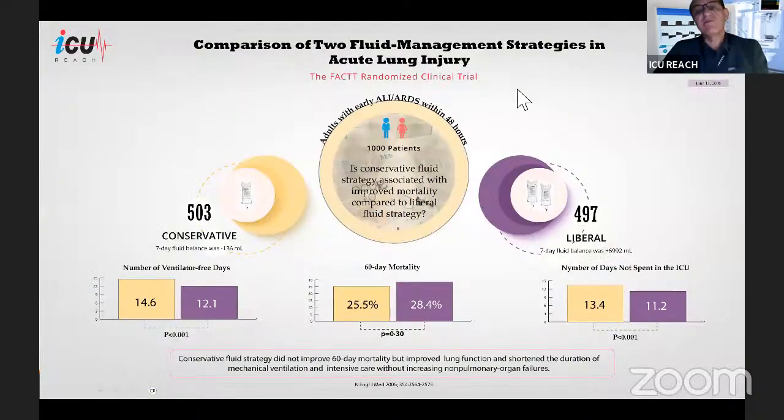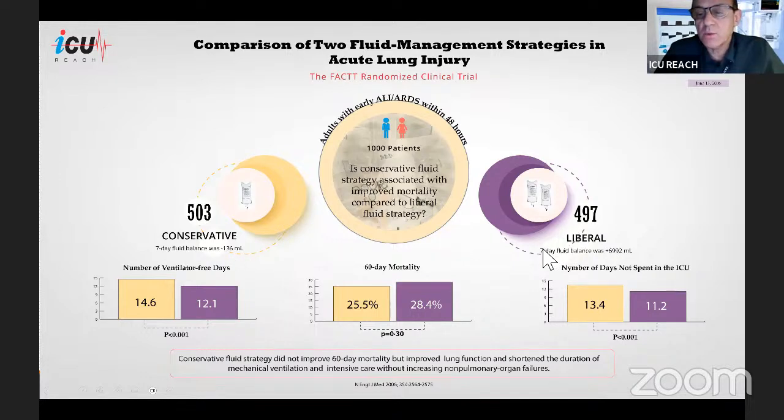We know that the FACT study from, I think, 2006, we know those patients with ARDS, when they are stabilized, if they are diuresed, and if they are diuresed aggressively, and you can see here in the conservative fluid, we had a 7-day fluid balance in the negative.